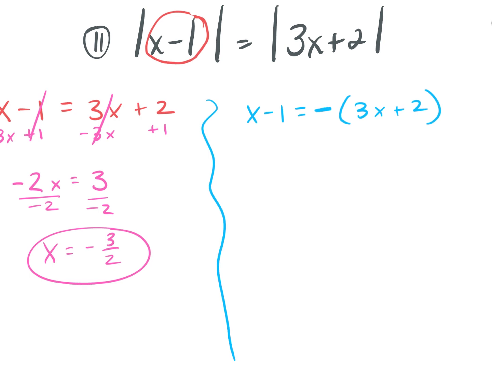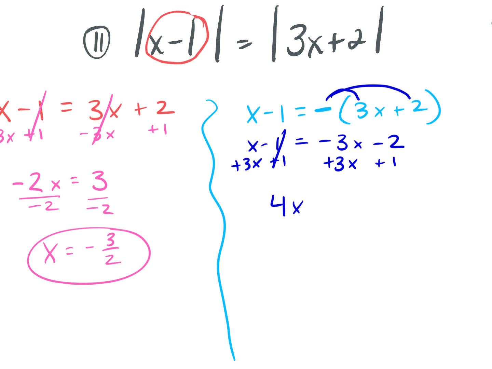Now let's solve the next equation. What should I do first in the equation on the right? Awesome. We want to distribute the negative first. So we have negative 3x minus 2. Then what do we do? We can add 3x to move it to the left side and add 1 to move it to the right.